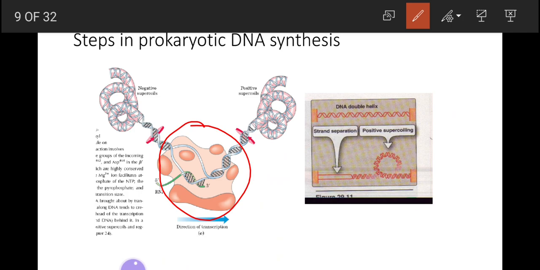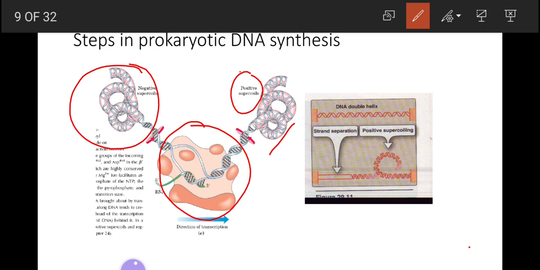Positive supercoils are formed in the region ahead of the replication fork as a result of overwinding, and negative supercoils are formed behind the replication fork.